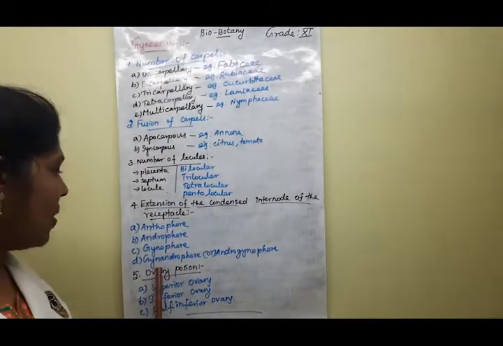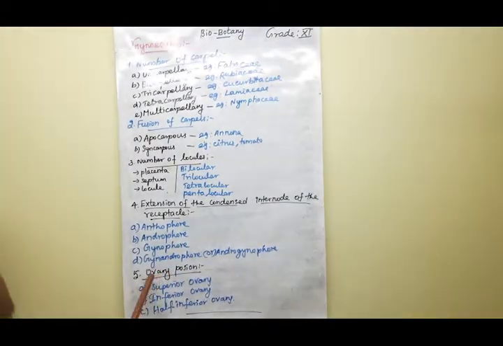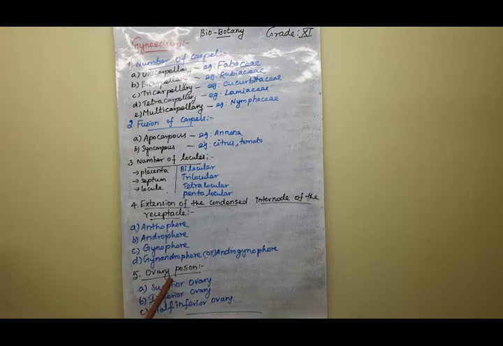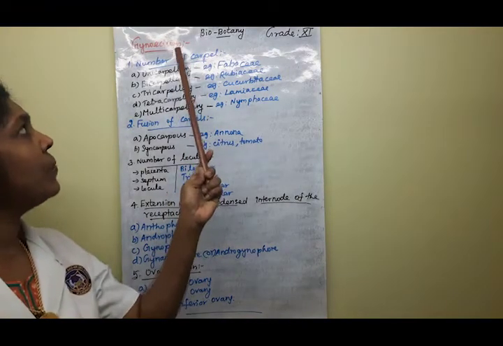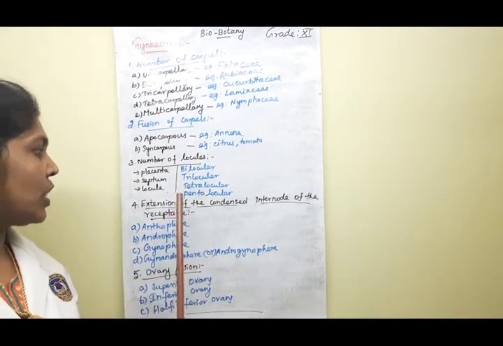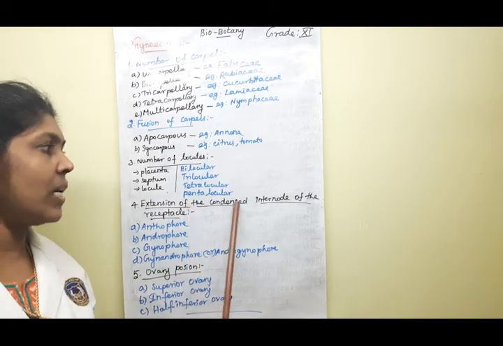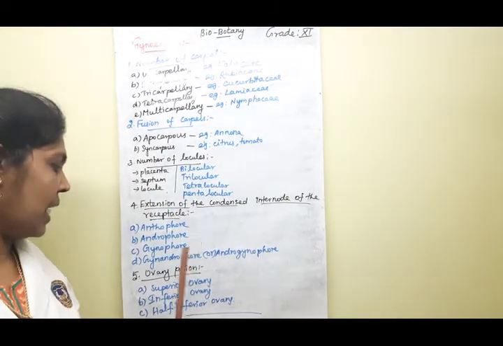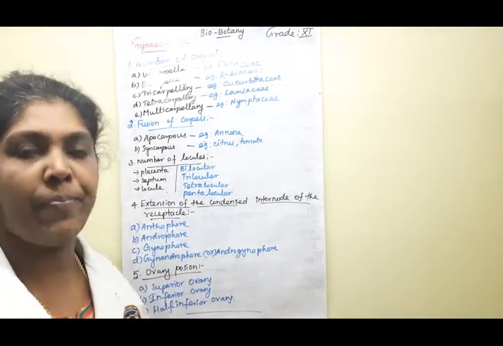Then the final one is ovary position. Understood? Yes. So the first is the number of carpels, then fusion of carpels, extension of the condensed internode of the receptacle region, and ovary position. Let us learn them one by one.